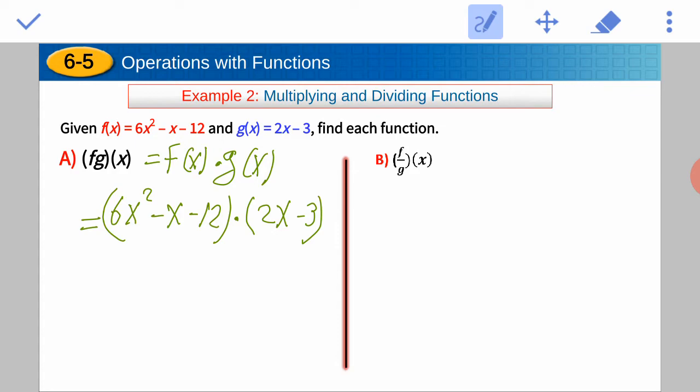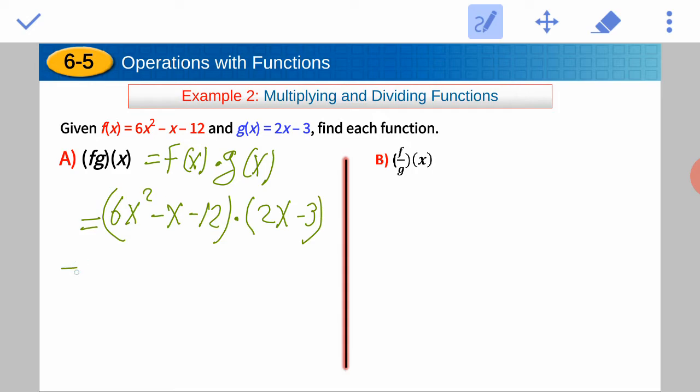There are many ways to perform this multiplication. We can use the distributive property, and we can do it in different ways. You can take this term and multiply it by this binomial, later this term by this binomial, later that term, negative 12, by that binomial, and do the distributive property 3 times. Or you can distribute the binomial into the trinomial.